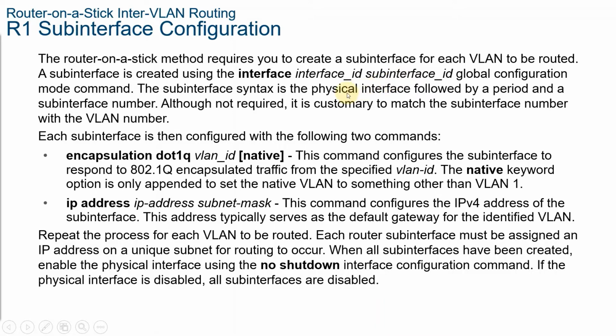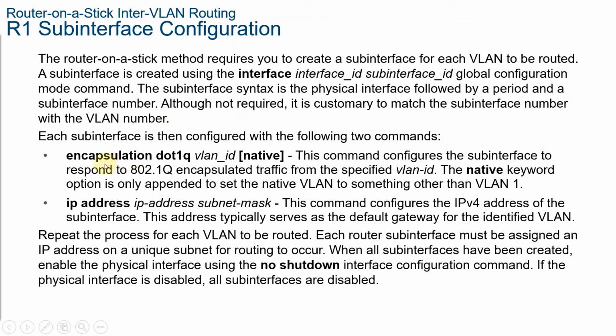The subinterface syntax is the physical interface followed by a period and a subinterface number, which is usually our VLAN number. Although not required, it is customary to match the subinterface number with the VLAN number. That is for easy identification.